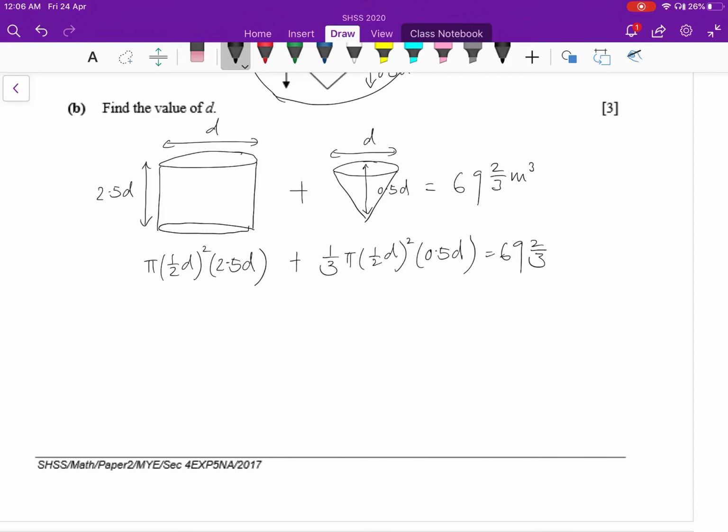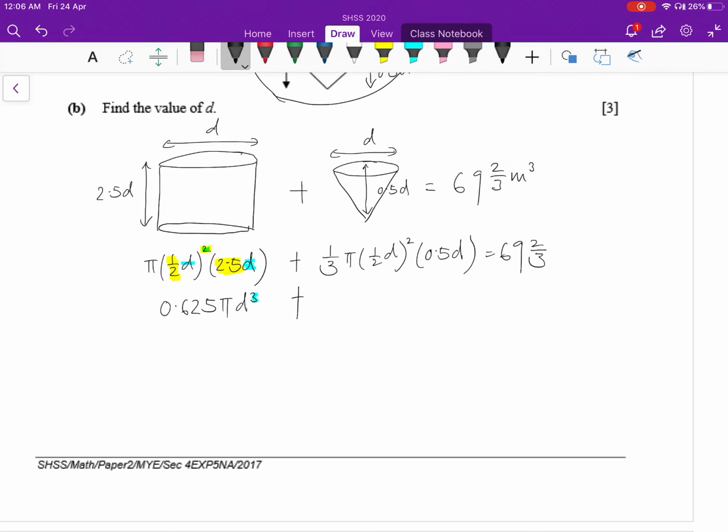Now when you press your calculator, you don't press the pi, you just press a half squared times 2.5. You get 0.625 pi d cubed. Now why is it d cubed? It's because d squared times d will give you d cubed.